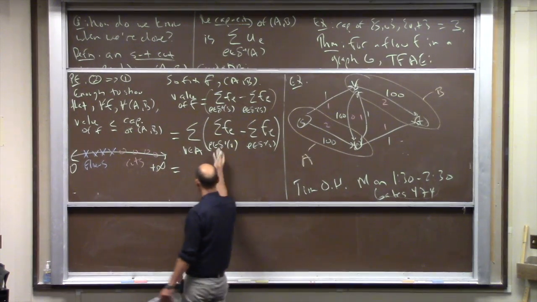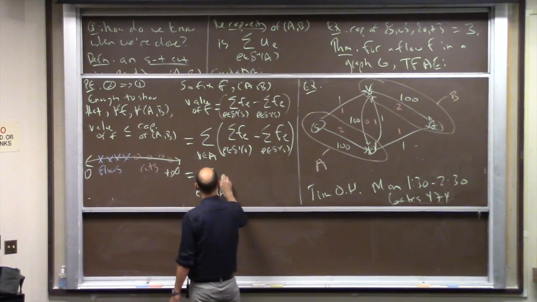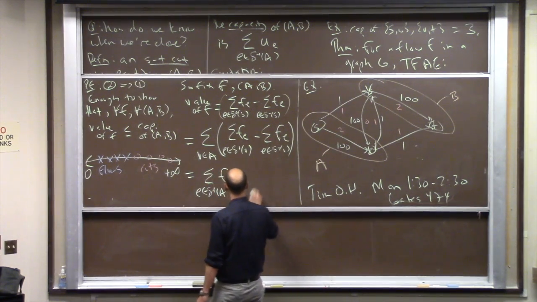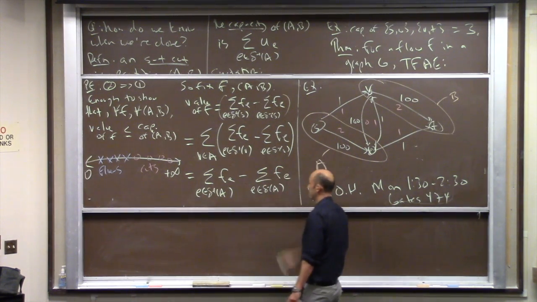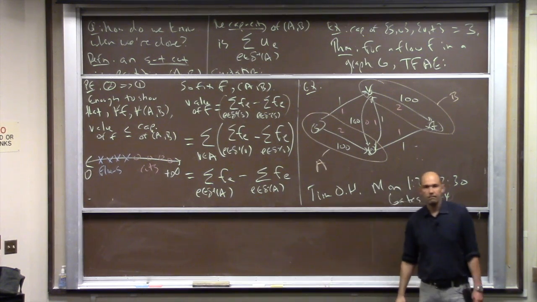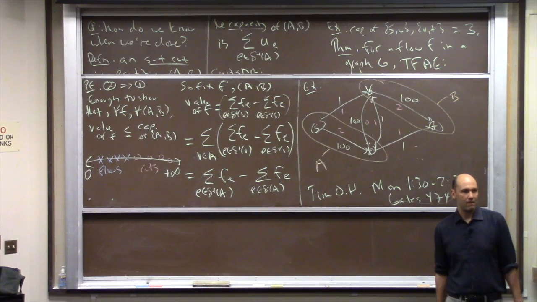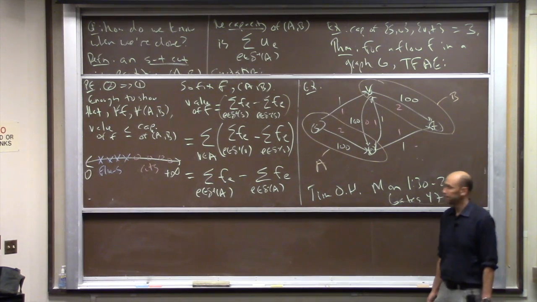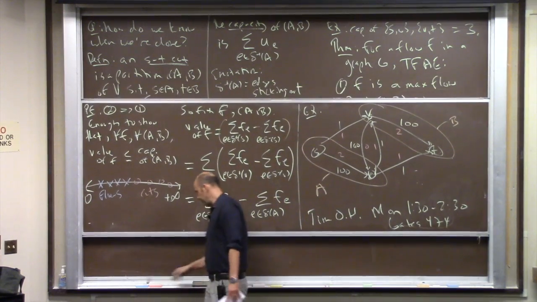Everything contributes 0, except edges sticking out of A each contribute f sub E, and edges sticking into A each contribute minus f sub E. That's just writing the exact same number in an edge-centric way rather than a vertex-centric way. All right, just one more line and then we're done.